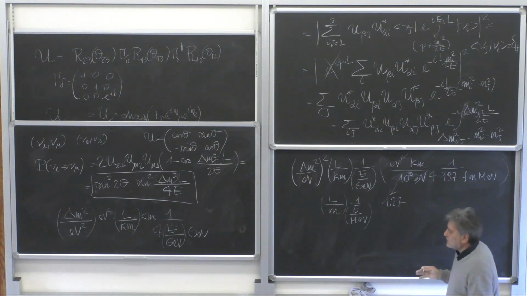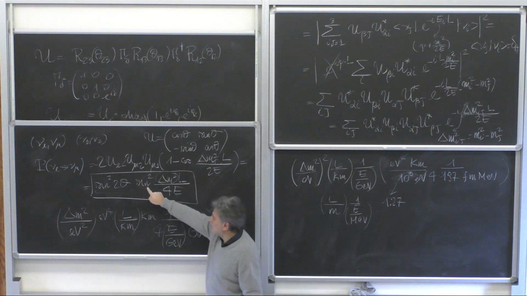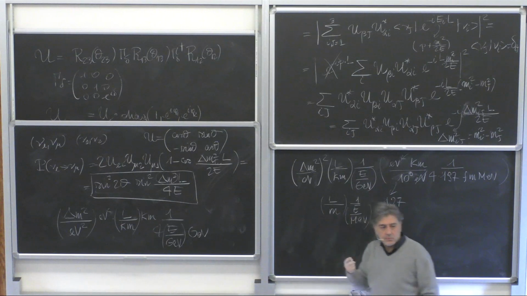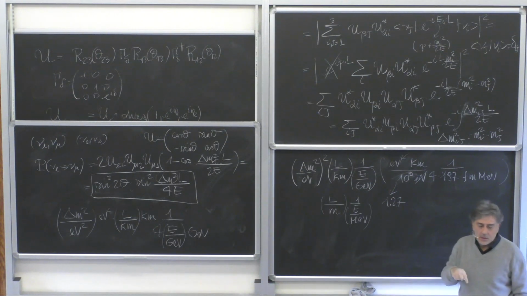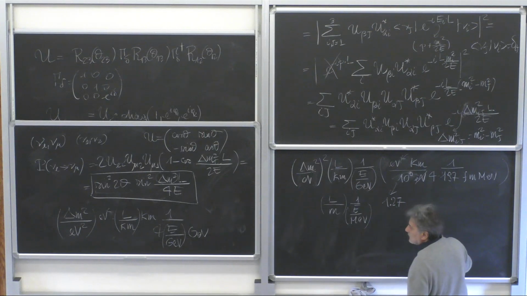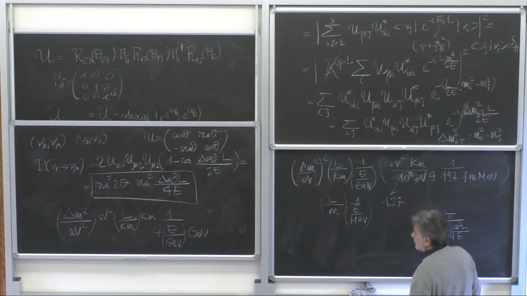And this allows, remember that the period of sine squared is not 2 pi but it is pi. So you see that the oscillation length is pi divided by delta m squared L over 4E, okay?